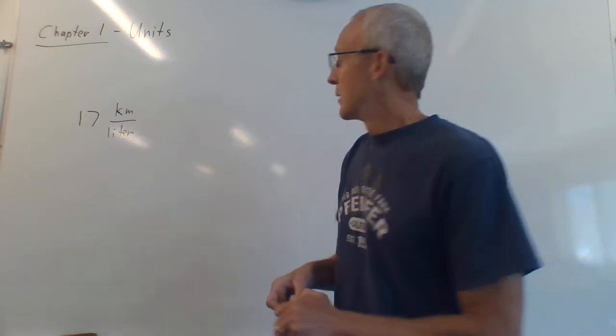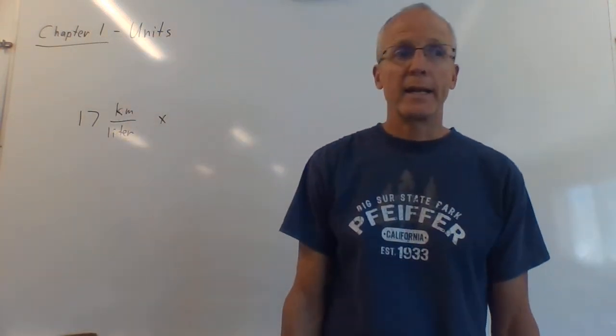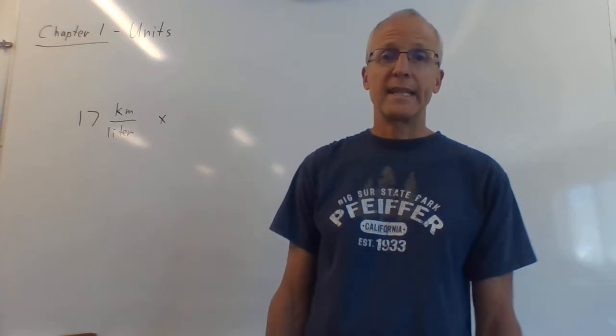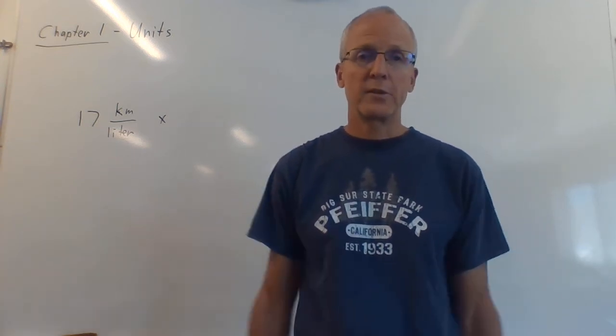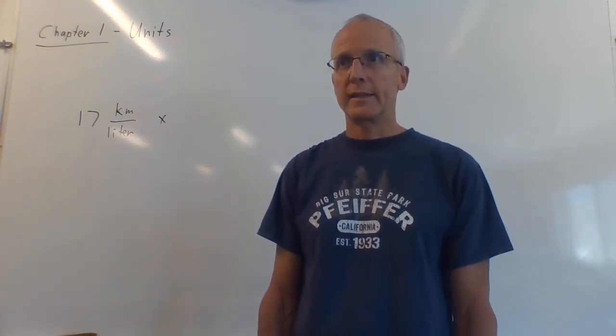Okay, but first, we've got to multiply by something that's the same. We want to change kilometers to miles. And I know from running races that 10 kilometers, if you run a 10K, is about 6.2 miles. A 5K, a typical race you're doing in cross country, is 3.1 miles. So 10K is 6.2 miles.